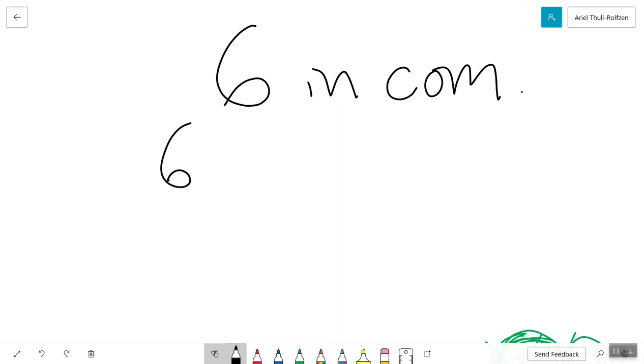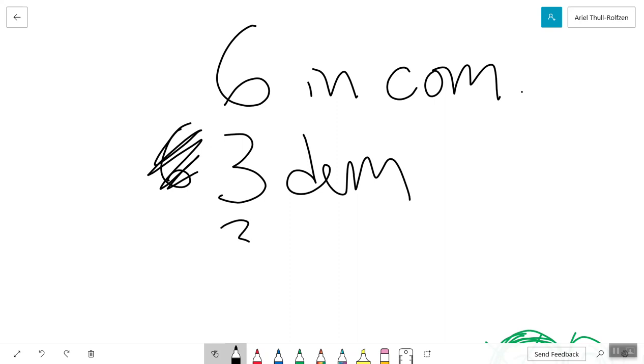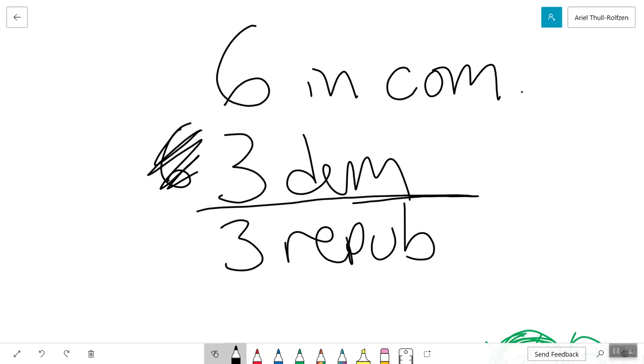So if I have 3 Democrats and 3 Republicans, neither of them is going to be in the majority. It's going to be half and half.